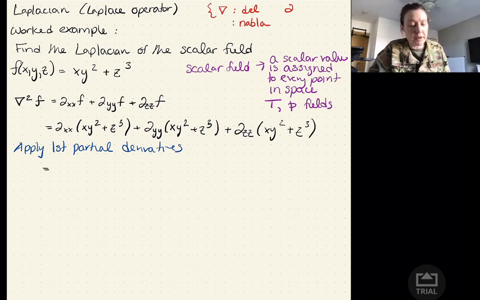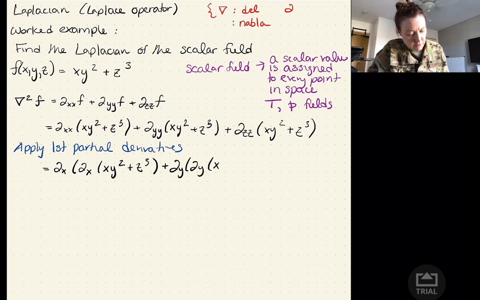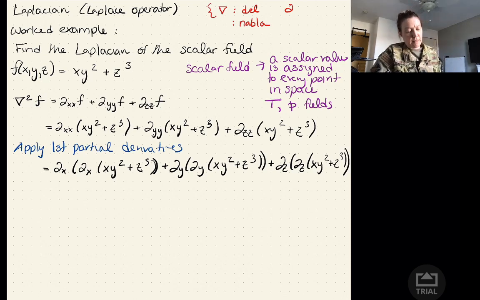I think you could do it in your head, but del x, and then what I'm going to do is break it out and write a del x again. This just helps me keep track of it, plus z cubed. And I'm going to do the same thing with the y, and the same thing with respect to z. And now let's go ahead and take the derivatives.